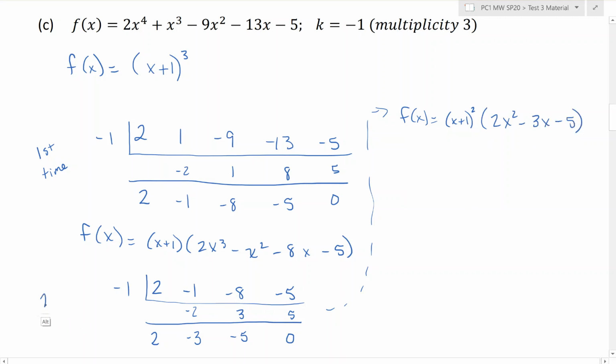So this was the second time that the -1 was a 0 of that polynomial. It says 3 times it is, so let's try it again with this trinomial. At this point you could really just do factoring, but we'll just go ahead with our synthetic division.